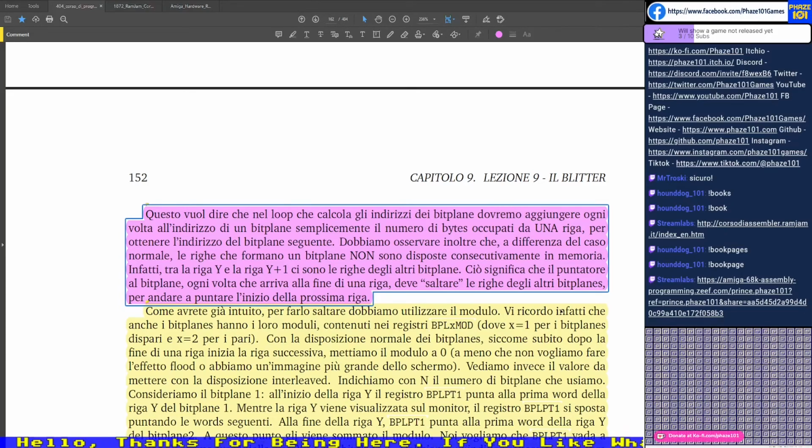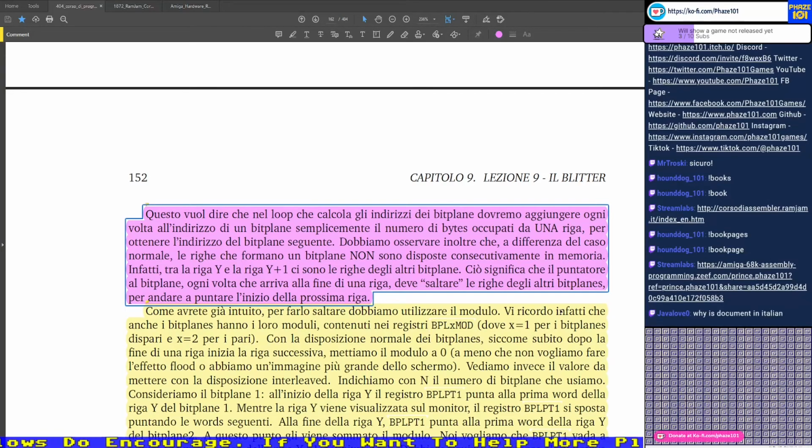What he's saying here is that between line y and line y plus 1 there are all the lines related to all the bit planes, so between line 0 and line 1 is the address of each bit plane.